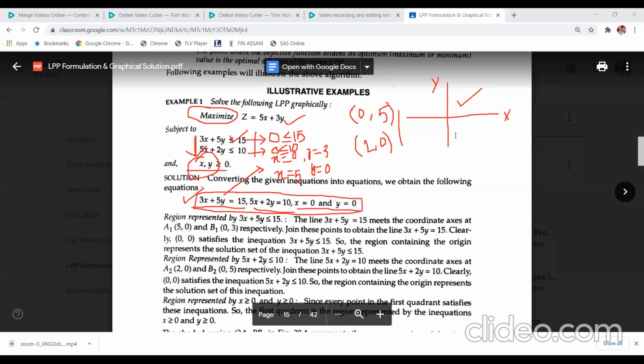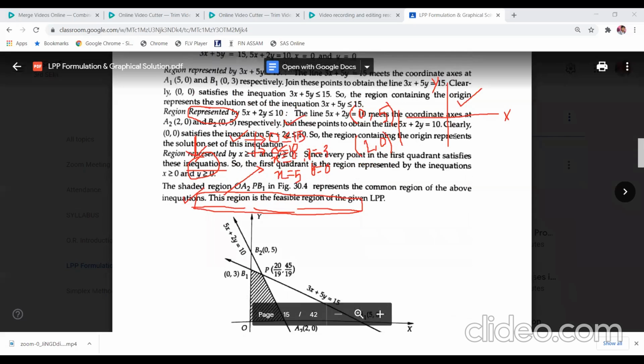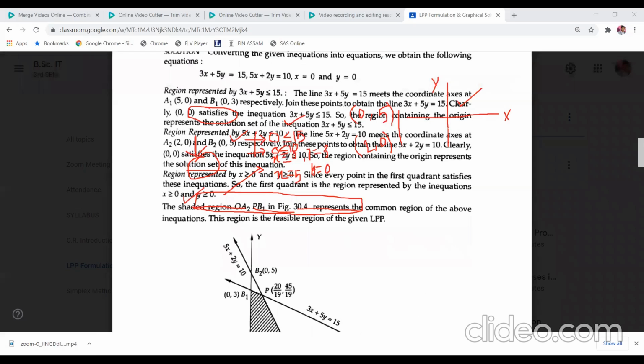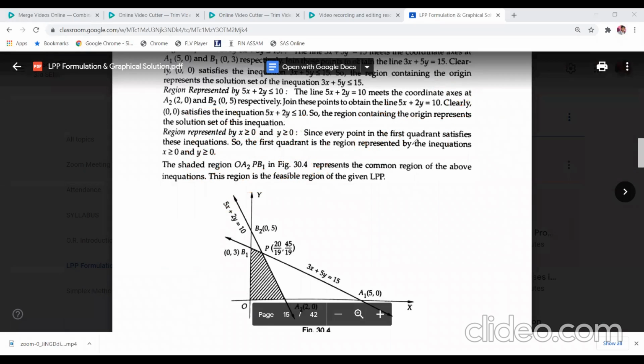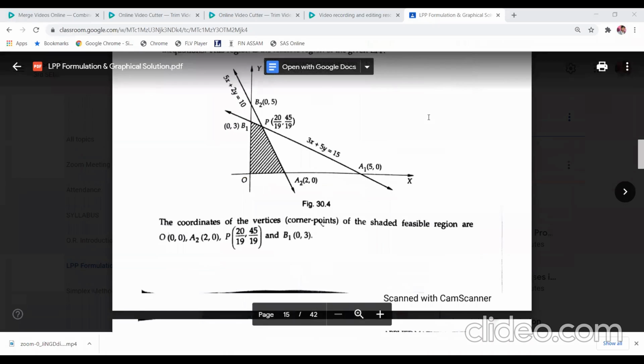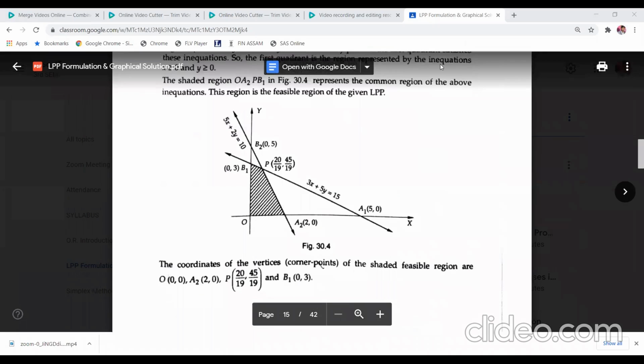So next, what you need to do? Just a minute. Now see here, this graph. These are the two lines. Try to understand here.